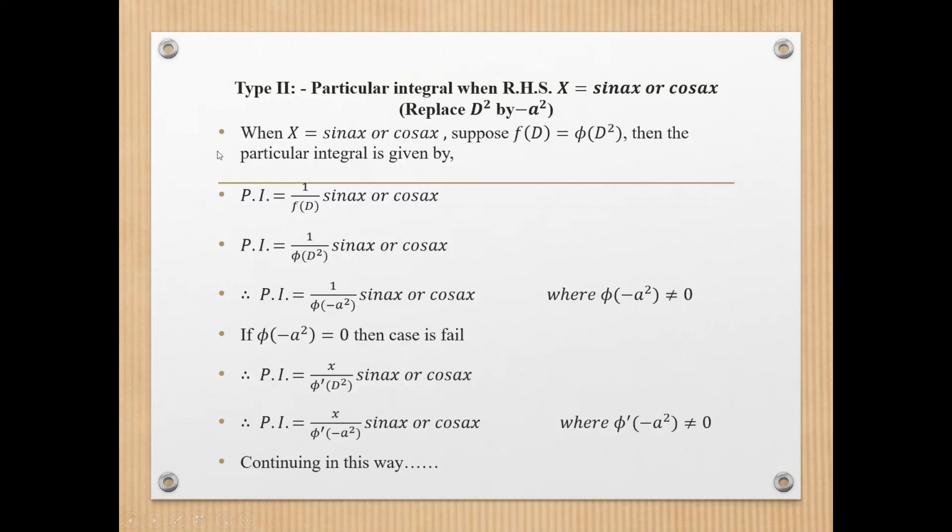When X is equal to sin ax or cos ax, suppose f of D is equal to phi of D square.